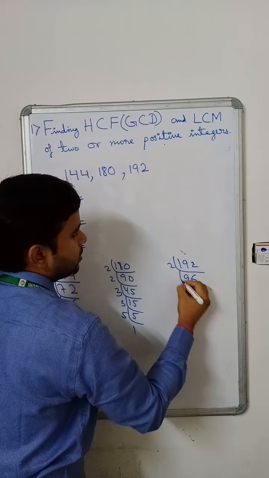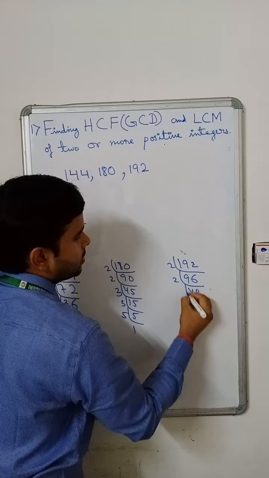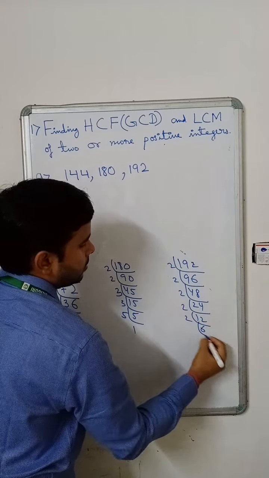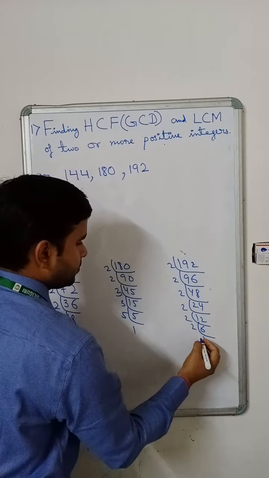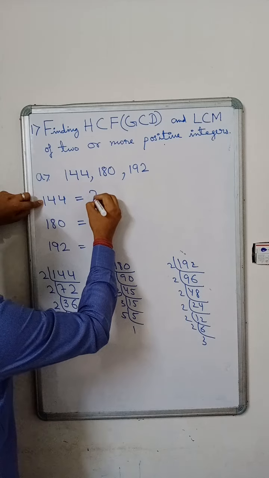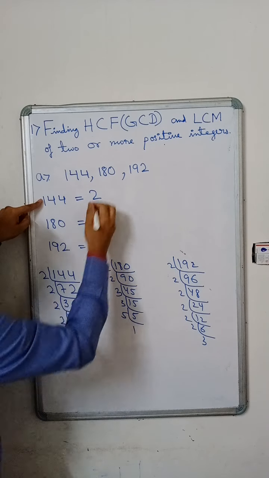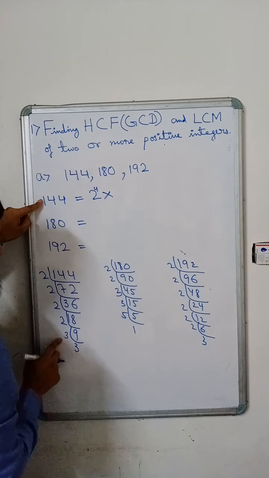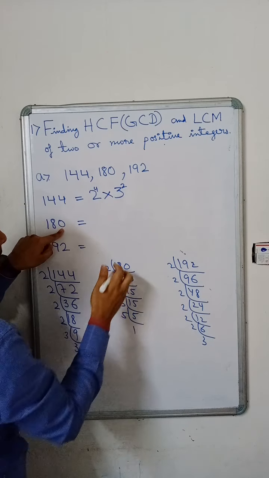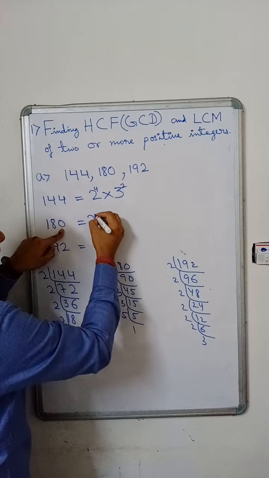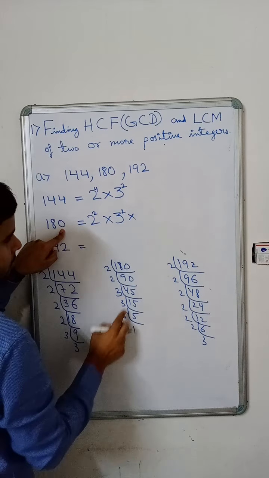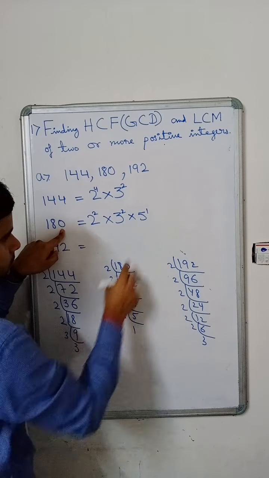2^9 is 18, 2^6 is 12, 2^4 is 8, 2^8 is 16, okay? And 2^3 is 6, okay? Now 144 can be written as 2^4 into 3^2. 180 can be written as 2^2 into 3^2 into 5^1.